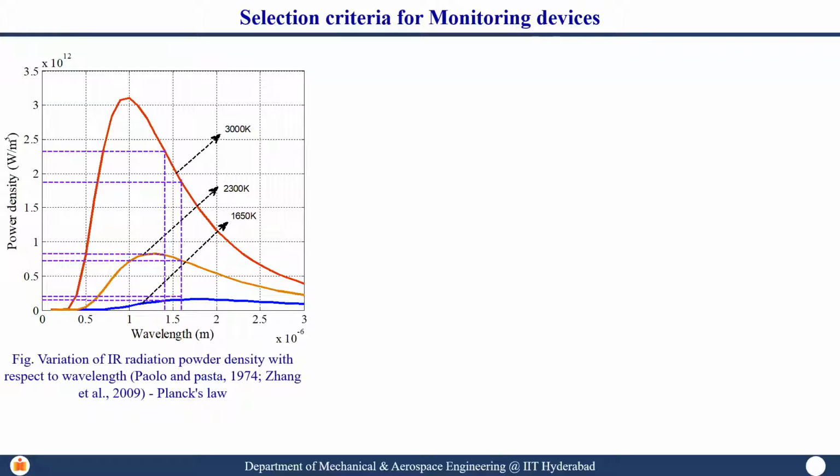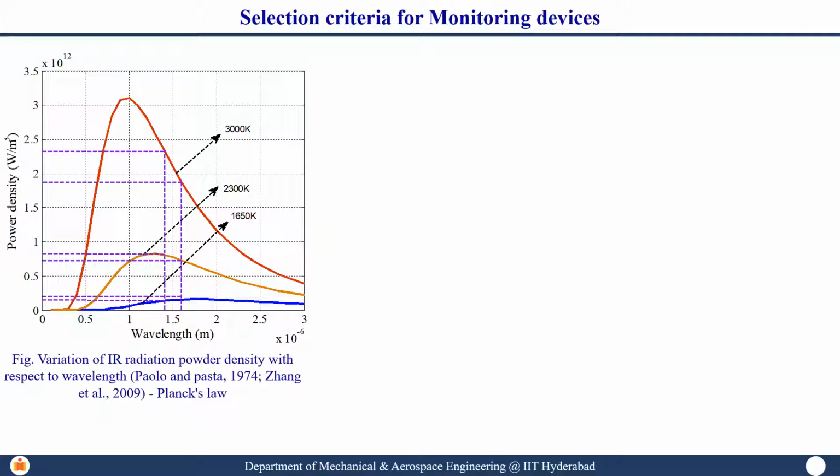If you want to monitor the temperatures in laser-based additive manufacturing, a thermocouple works at 10 Hz frequency, whereas your cooling rates are of the order of 1 kilohertz, 10 to the power of 3 to 10 to the power of 6. So it won't be able to measure the thermal history properly. So you need some sort of non-contact, fast sensors.